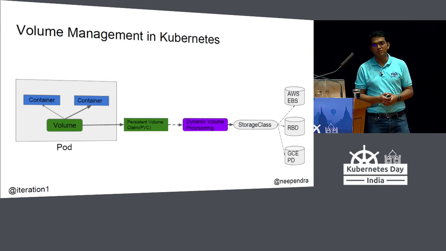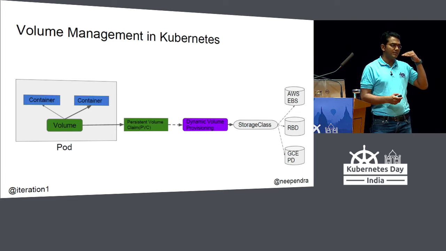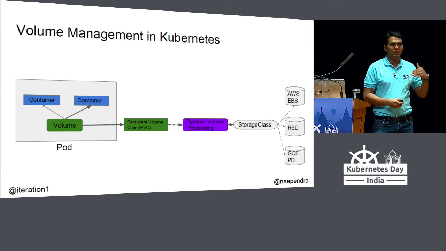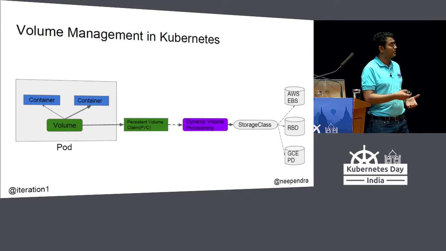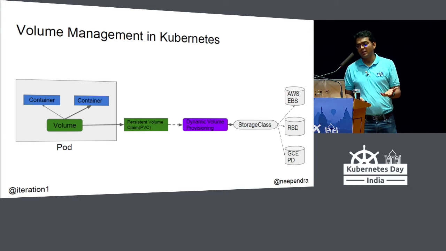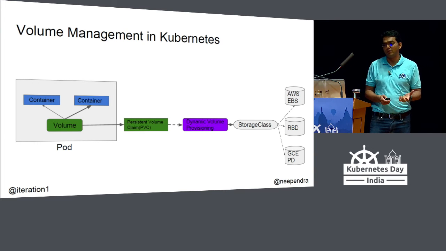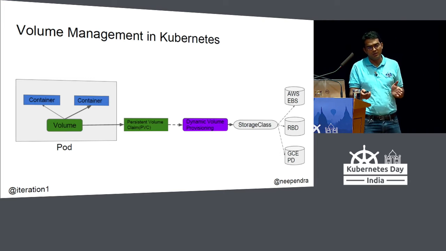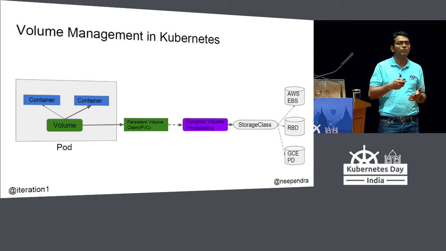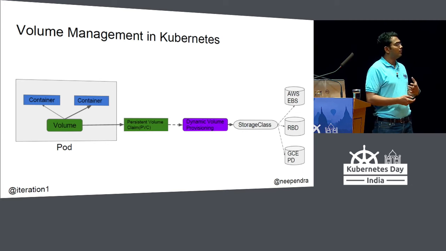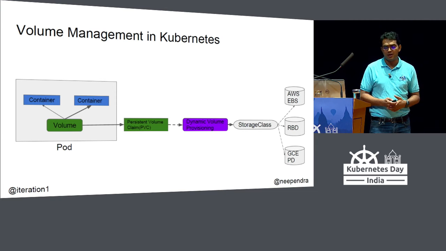With the storage class concept, the developer says, I want a size of 5 GB. Dynamically, that volume comes from the backend. For example, here I would say the storage class is AWS, right, or whatever. So the developer says I want a storage of 5 GB, it goes to the storage class, and behind the scenes it can come from any of the drivers configured by the cluster manager.